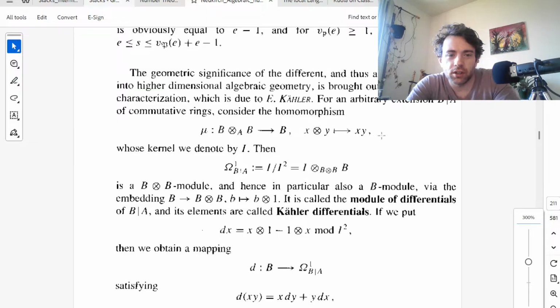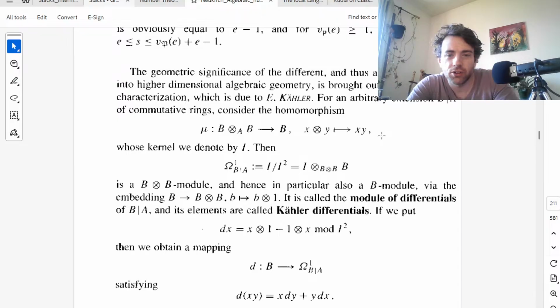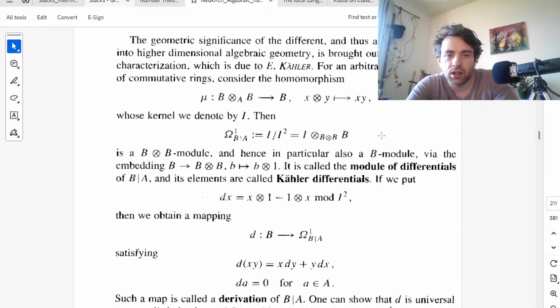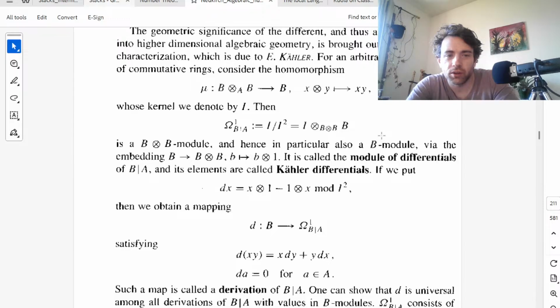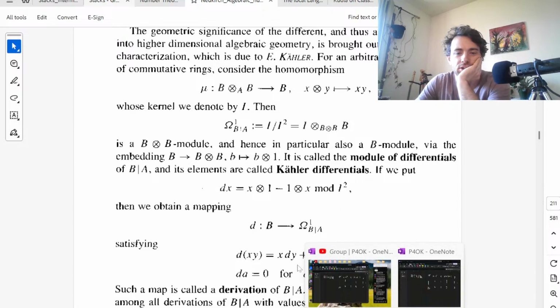For arbitrary extension of commutative rings, the homomorphism, and then the kernel I, it's I mod I squared. Okay. So it's x, y to xy. So let's work that out.